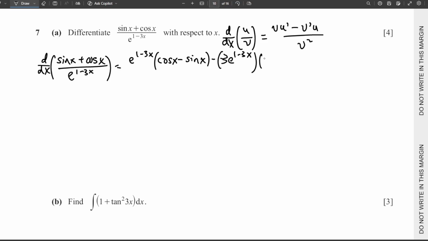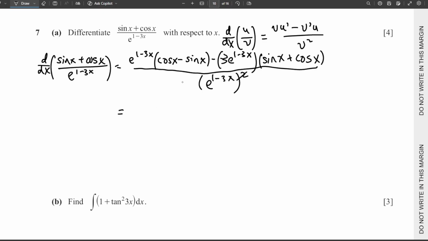And multiplied, we leave the top function. So u is sine x plus cosine x. Everything divided by this one, squared. I think you should be able to leave the answer like this, but if you want to simplify it further, sure.